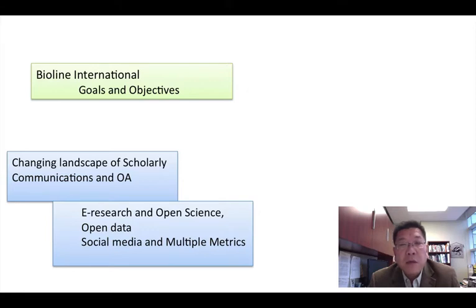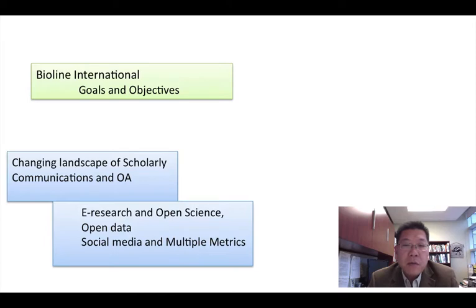At the same time, there are many calls for rethinking the traditional metrics of scholarly communication, primarily the journal impact factor that has been so dominant in terms of measuring so-called journal impact and quality around the world.